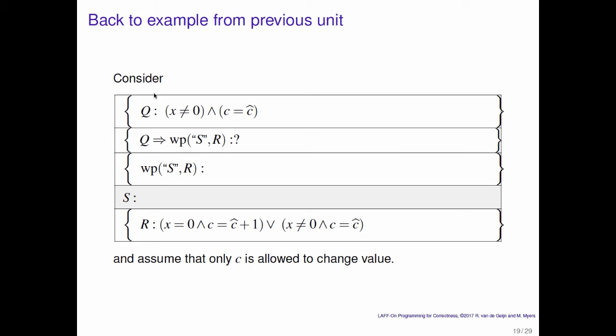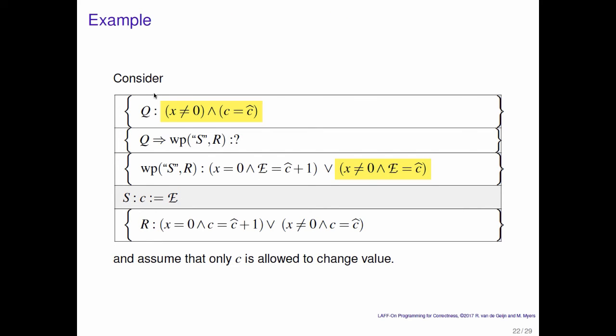Now what if we go back to the example from the previous unit? What if we didn't recognize that we could just use the skip command? Well, we still know that c is the only variable that can now change value. We can therefore set it equal to some expression. We can propagate it along into the weakest precondition. We can recognize here that the precondition is more likely to imply the right part of the weakest precondition rather than the left part.